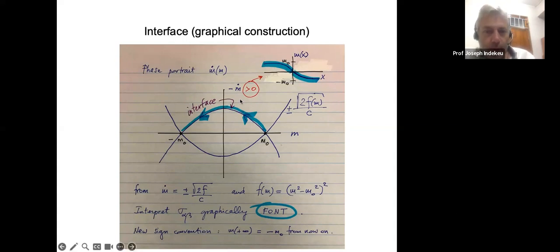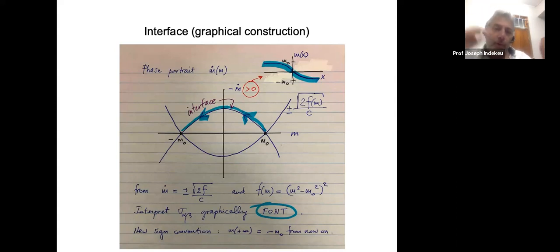So when I draw the phase portrait as minus the derivative of m with respect to space versus m, then I obtain what is called a dynamical phase portrait for this problem. And this is very much in use when we discuss dynamical systems like pendula or oscillators, or by extension deterministic chaos.